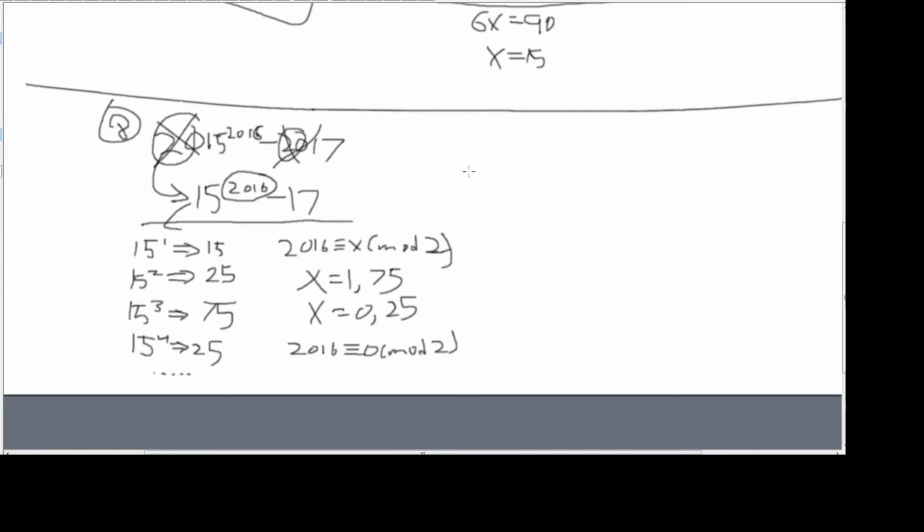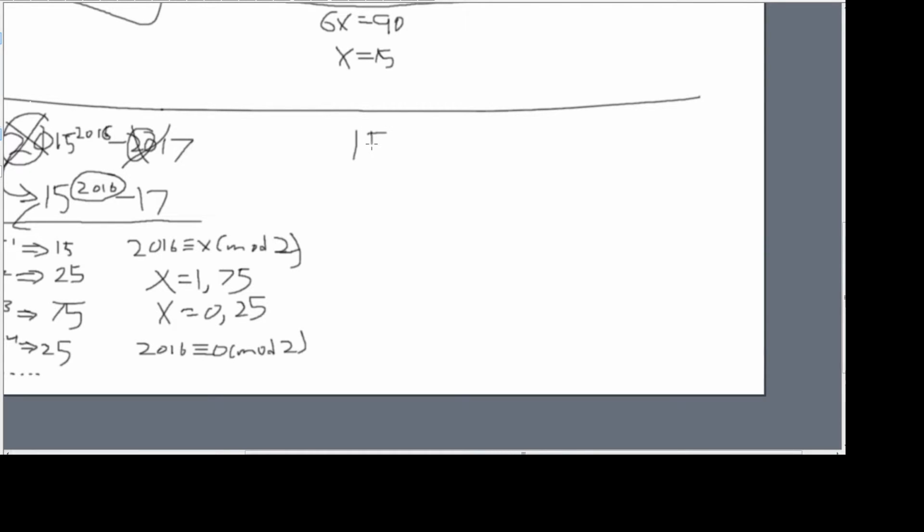That means 15 to the 2016 will give you a tens and units digit of 25. Now 25 minus 17 is equal to 08.